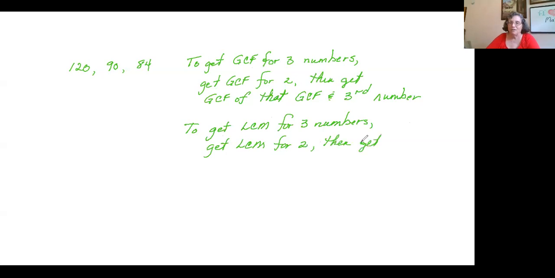But then you have to get the least common multiple of that least common multiple and the 3rd number. So you can't get it all in one shot.